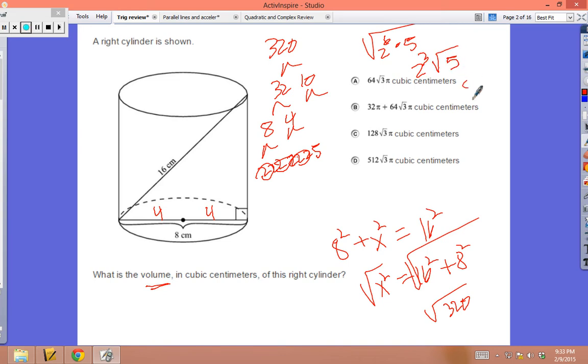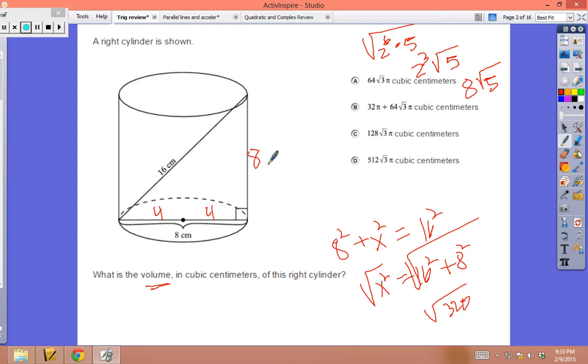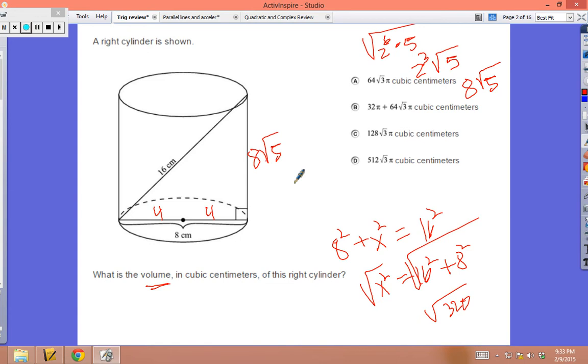So on the outside, we got 8 square roots of 5. Okay, that's the height. So my height is going to be 8 square roots of 5. And if I times that by the area, which was 16 pi, then all you do is multiply your 8 and your 16.